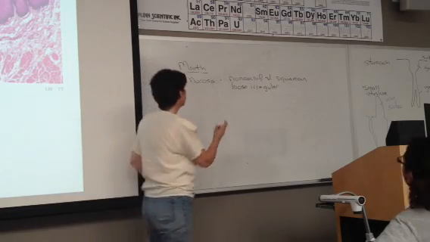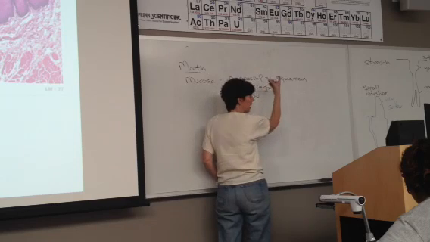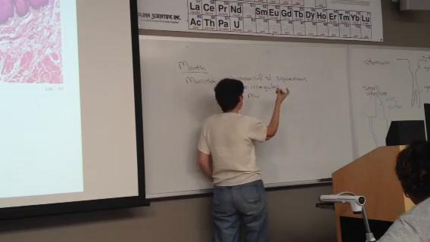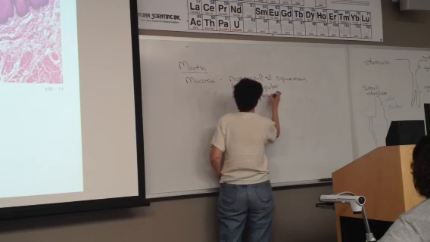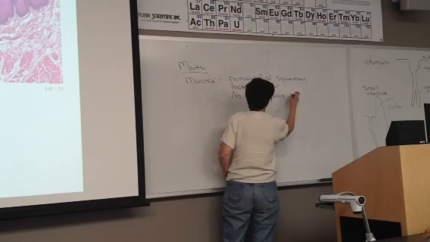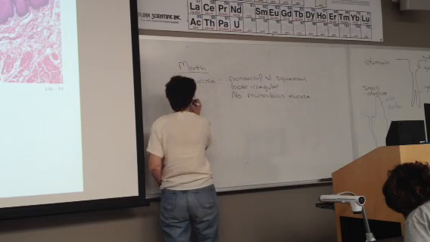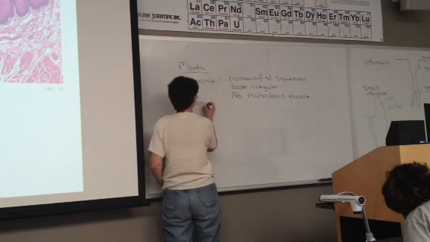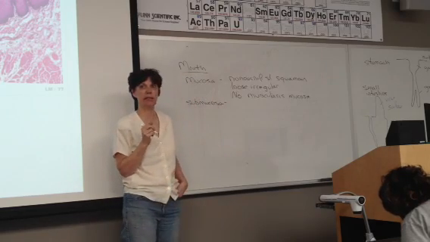Okay? So no muscularis mucosa. And we're going to change our epithelia too, because remember we said in our template it was going to be one or the other. So no muscularis mucosa. Alright, then we have the submucosa. And what did I say the submucosa was in our template?